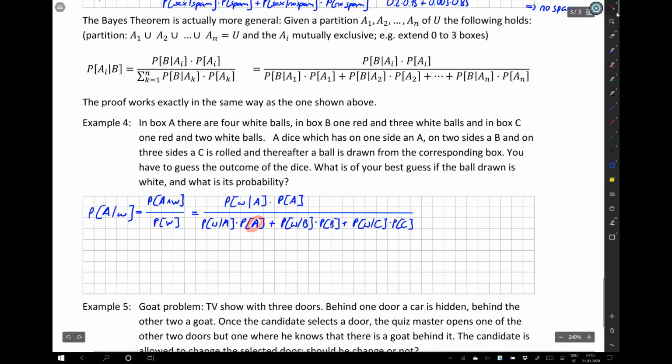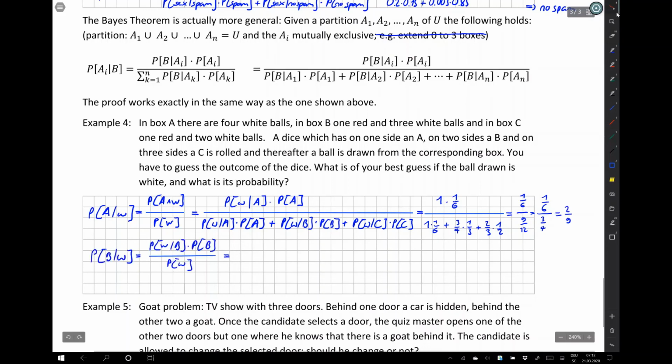And A, B, and C are called a partition of the sample space because they form together the whole sample space and they are mutually exclusive. If the result of rolling the dice was A, it can't have been a B or a C, and so on. Inserting the probabilities, we get this expression, and in the end we get for the numerator 1 divided by 6, and for the denominator 3 divided by 4.